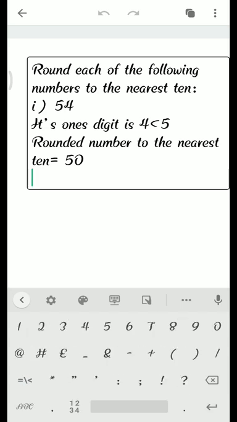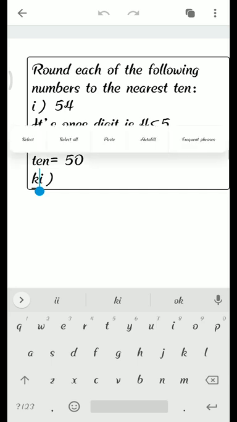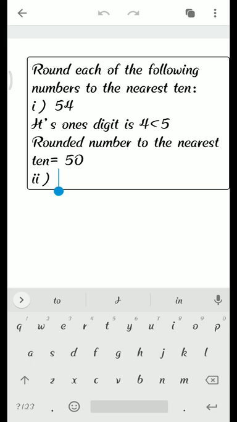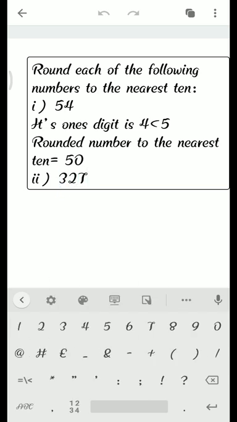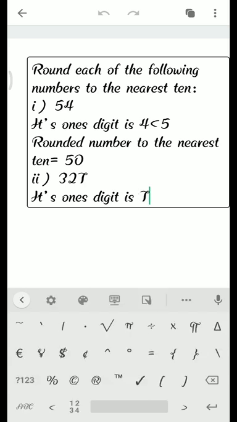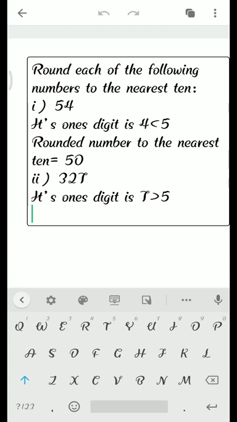Let's try one more. The number we have is 327. Check its ones place. Ones digit is 7, which is more than 5. So now check the third step. What was that?